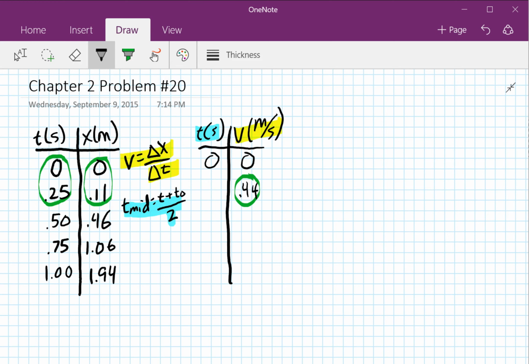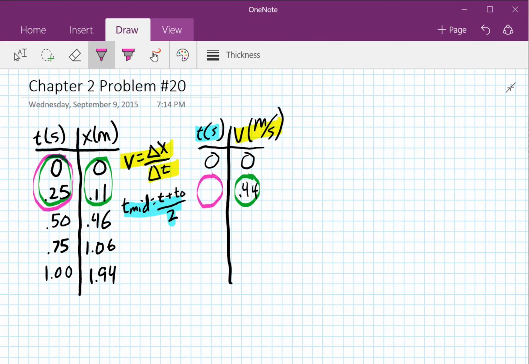Now that's not what you use to find the time. So when you use the time, I should make the colors more different. Let's try this. If we use the time here, you're going to use these times, but it has nothing to do with the position because we're using the t mid equation, and that's going to go here.